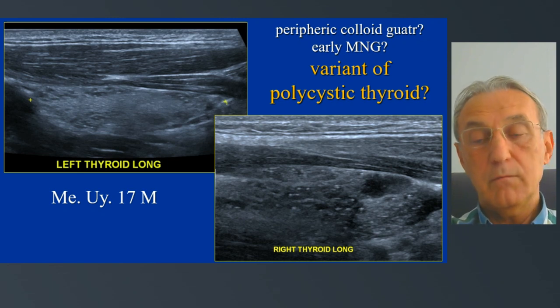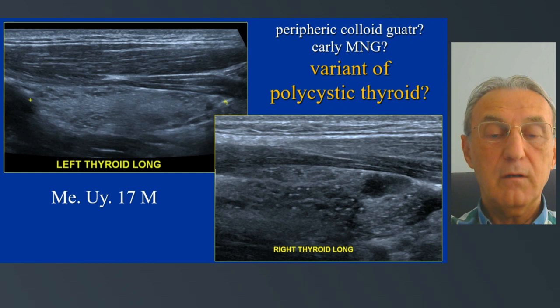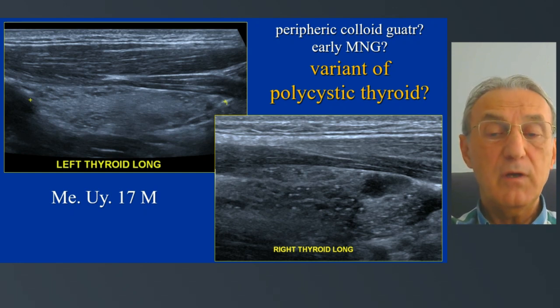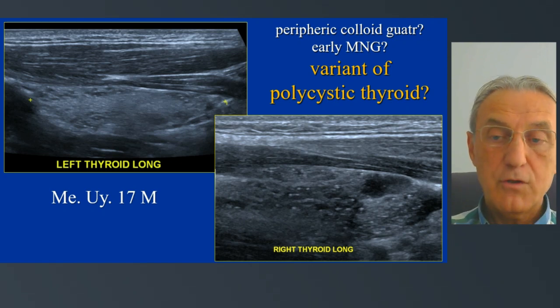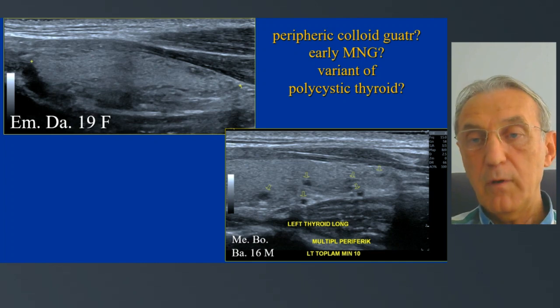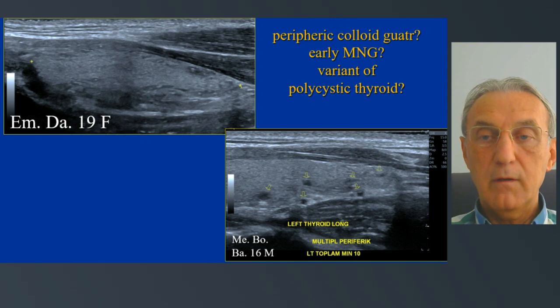Almost half the young students have this type of thyroid, which is similar. Maybe it's a variant of polycystic thyroid, we are not sure yet. There are peripheric colloid foci bilaterally. It can be a form of early malnourishment. This is a 19-year-old female. You see the peripheric hypoechoic colloid, tiny colloids.